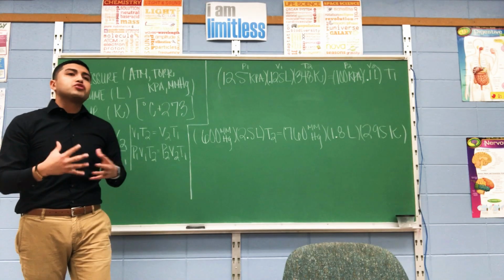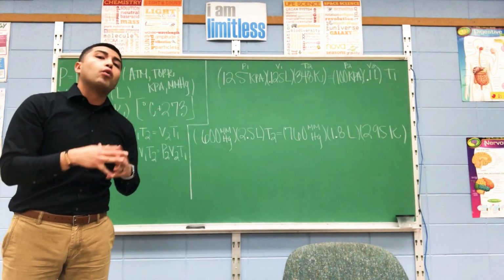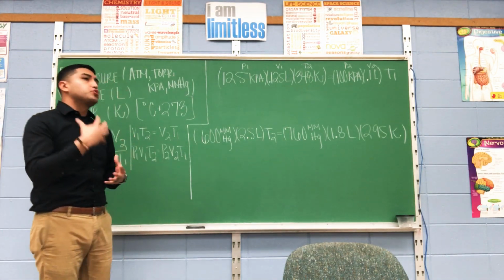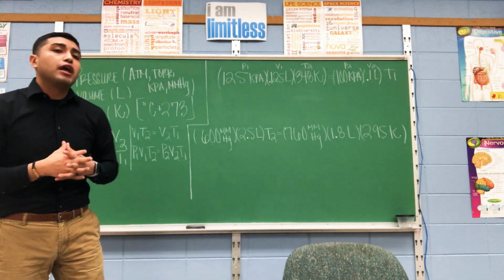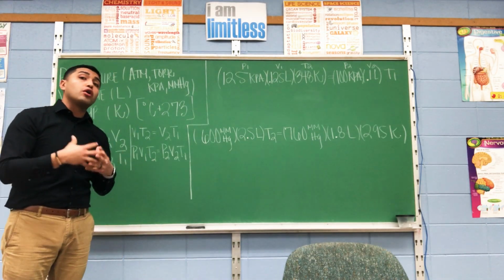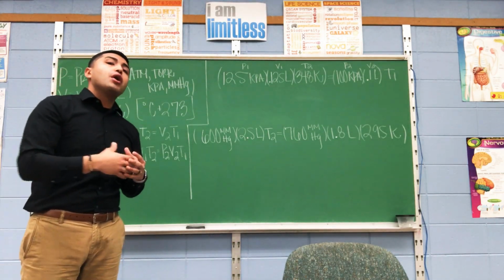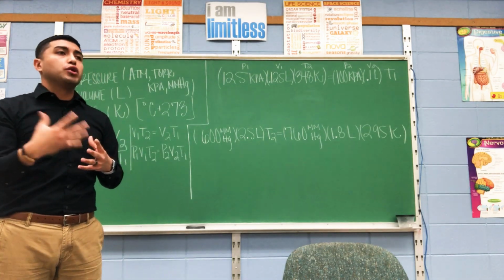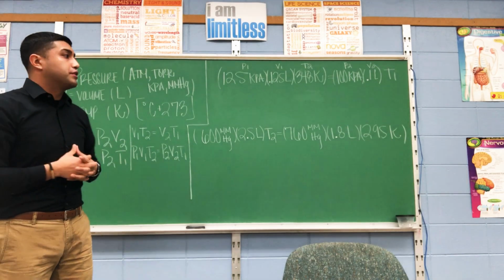My first step in solving for gas laws is always to figure out what it is that I'm solving for. If for whatever reason it says what is the initial pressure, what is the initial volume, then you would be solving for either P1 or V1. If it gives you a scenario where those are mentioned, but then it asks what would be the pressure, what would be the volume, you're probably solving for pressure 2, volume 2, same thing for temperature.